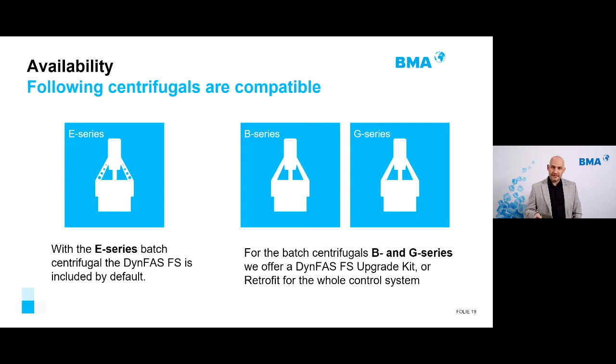For the old machines, the B machines, the G machines, we have the possibility to get this sensor as well in an upgrade kit, or as I presented a couple of months ago, we made a webinar regarding the retrofits of BMA centrifugals so that you get all the sensor, all the capabilities, the new control system that we have for the E-series centrifugals, in the old ones.